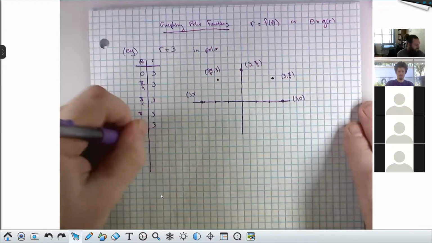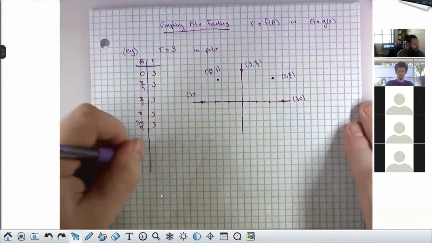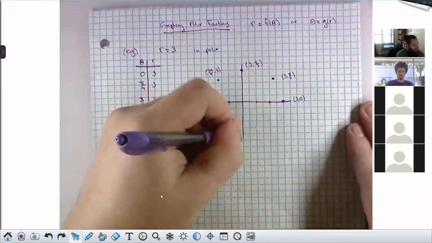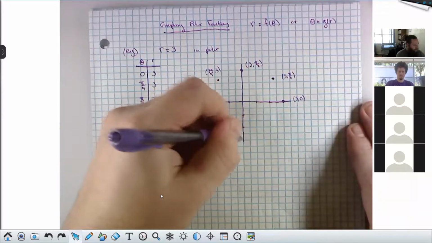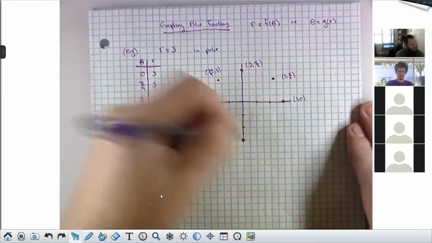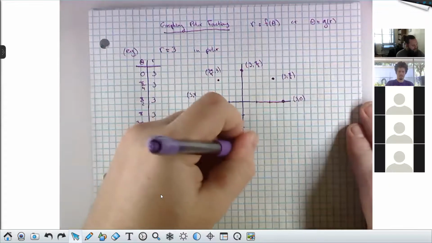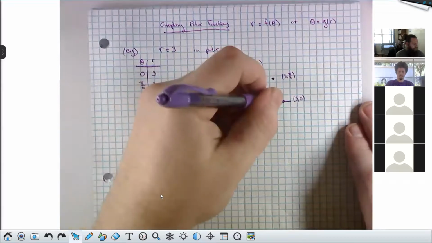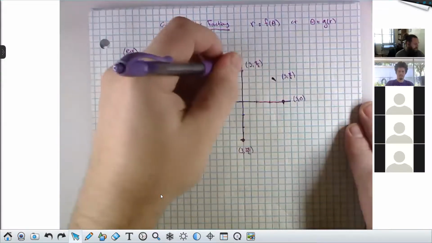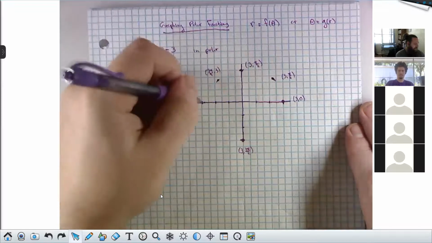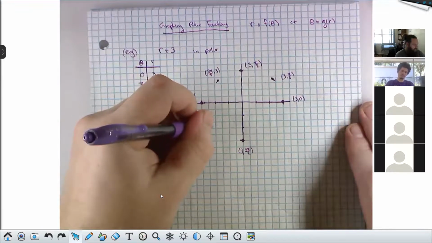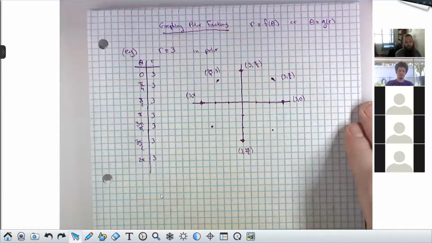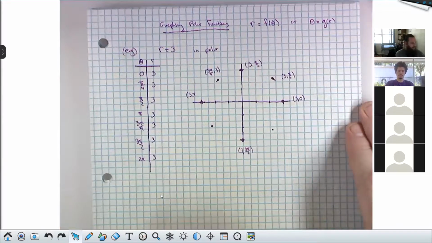We've got 3 pi over 2 and 2 pi. At each of those, the radius would be 3. So 3 pi over 2 is down here. The polar point 3, 3 pi over 2 is right here. So what is this? There would be another point like here, another point like here. What is this curve?